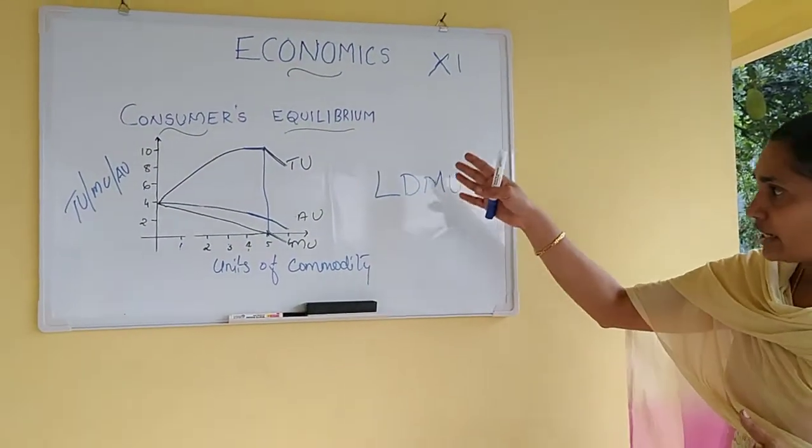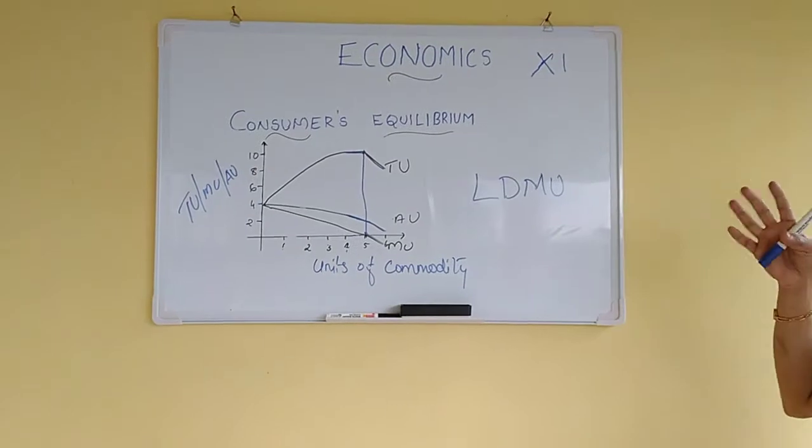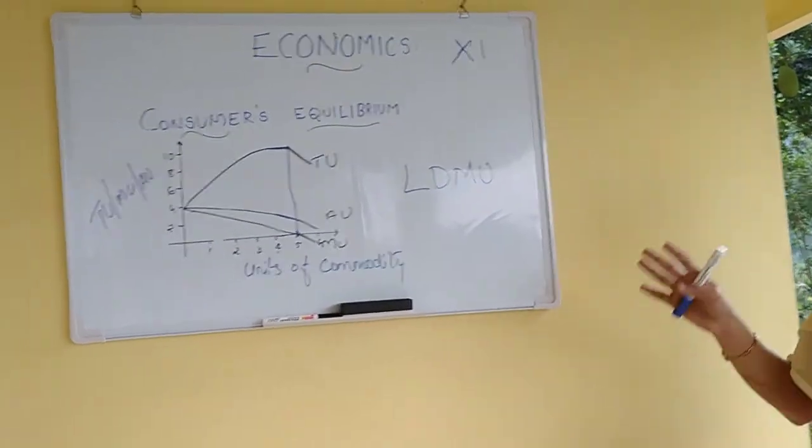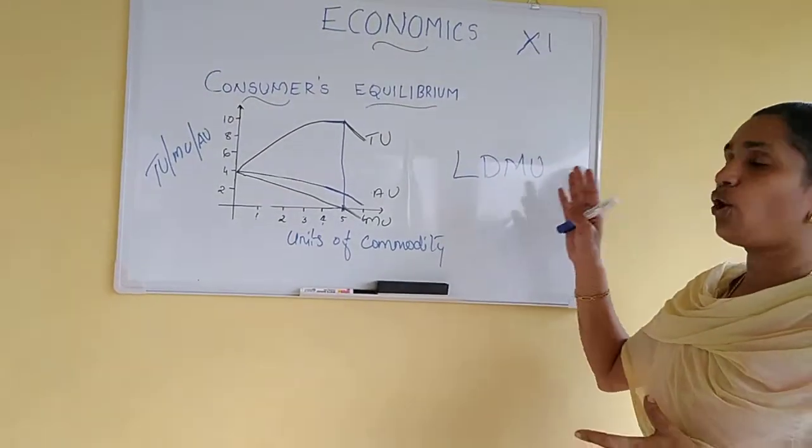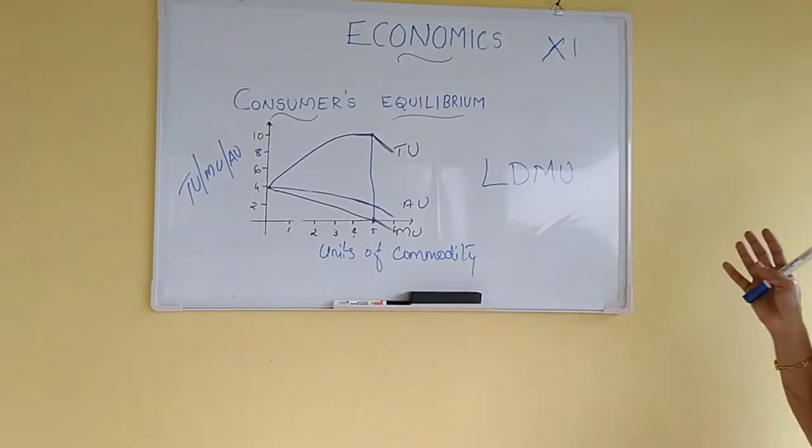Marginal utility will diminish when we consume more and more of a particular commodity. That is what is called the law of diminishing marginal utility.